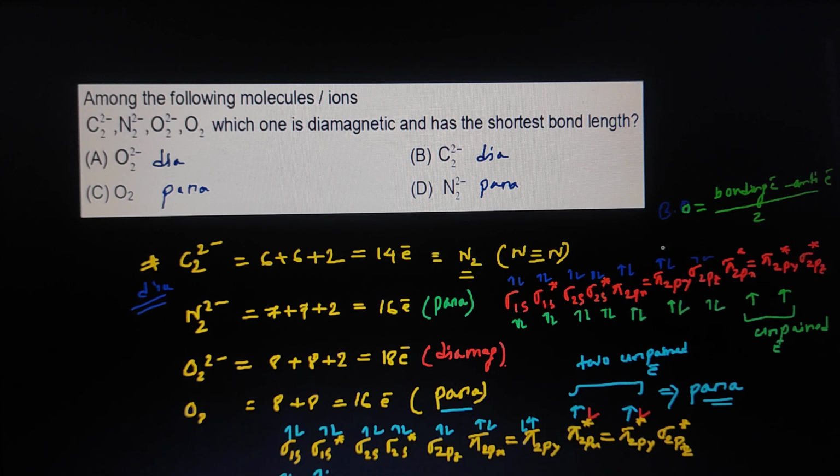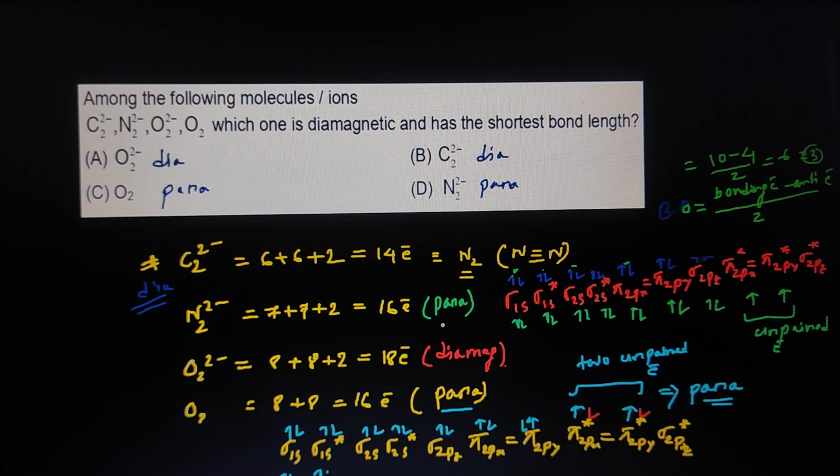So for C2 minus, the number of bonding electrons are 2, 4, 6, 8, 10, minus anti-bonding electrons 2, 4, by 2, that is 6. That means 3 bond order. Okay, there are 3 bond order between C2.